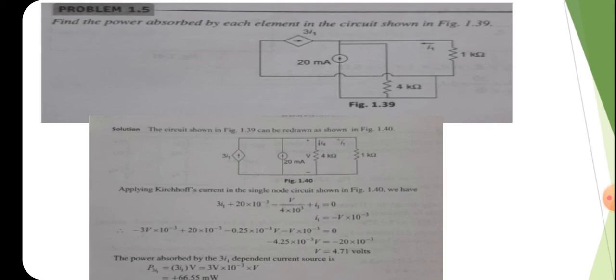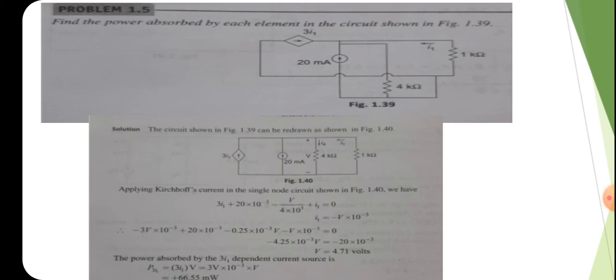So these two are in parallel connection. Next, considering the 20 milliampere source, one end is connected to one terminal of 3I1, and the other end is connected to the other end of 3I1. So it is also parallel to the 3I1 source.